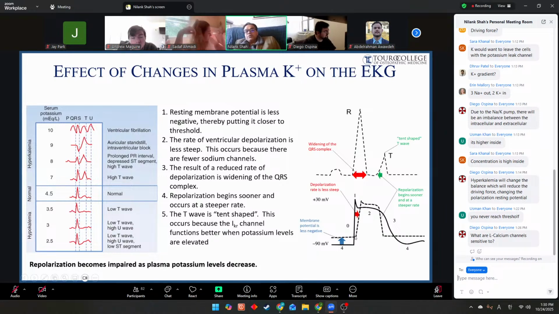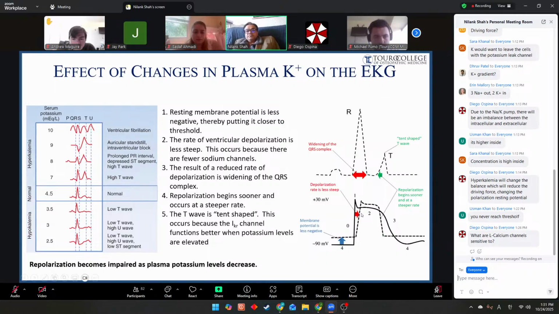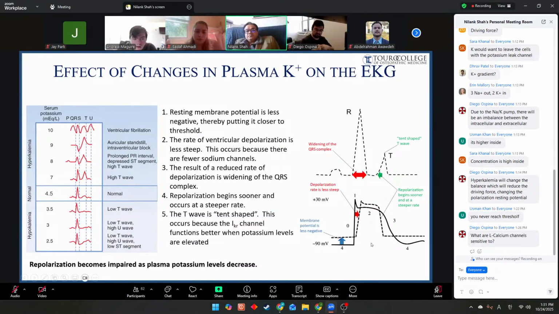Now, because of that, what would happen? Now we can look at phase 0 here. Normally, phase 0 is a vertical line, a steep rise, depolarization. What would happen to phase 0 here? It's going to have a weaker increase.